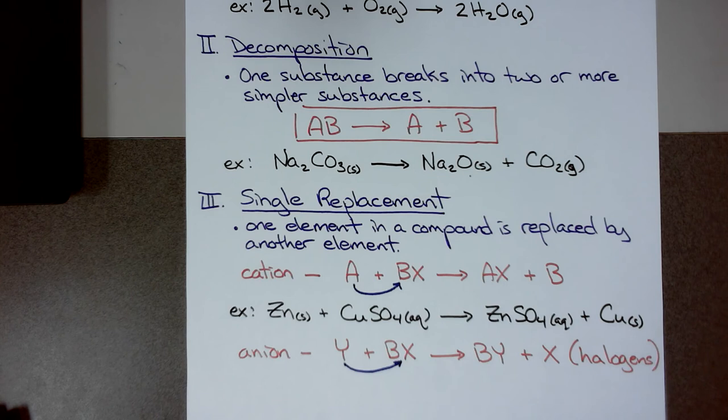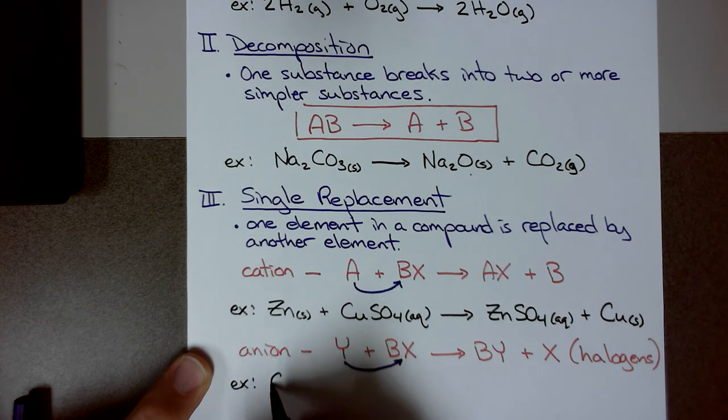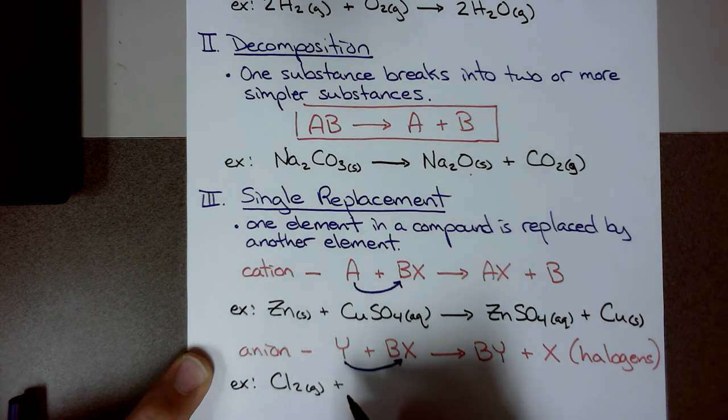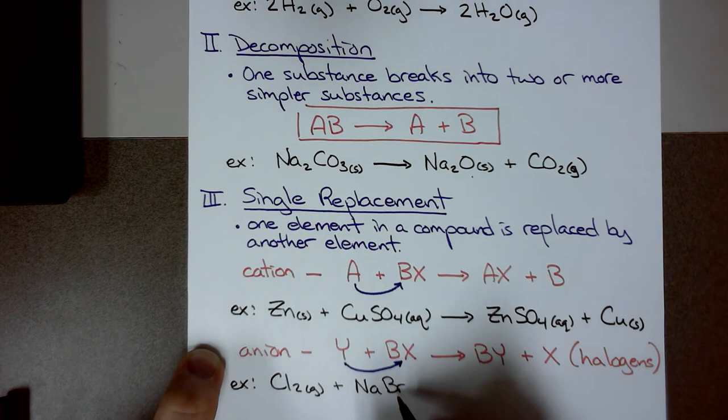Okay, so let's get an example here of the anion. So if we have chlorine gas, that's Cl2, that's my Y, that's the halogen, plus, let's say, sodium bromide, that's BX, the cation and the anion, and this is aqueous.